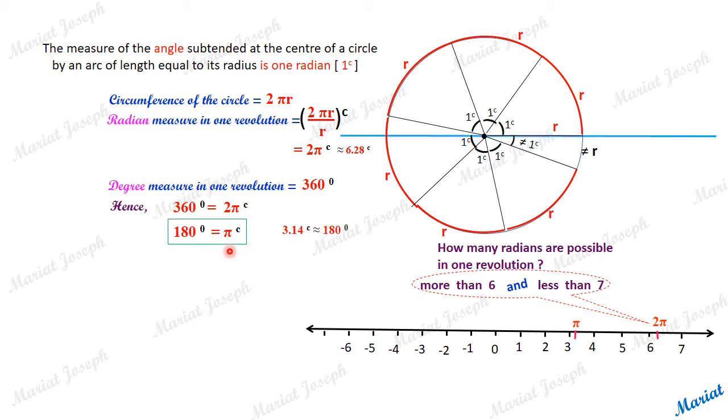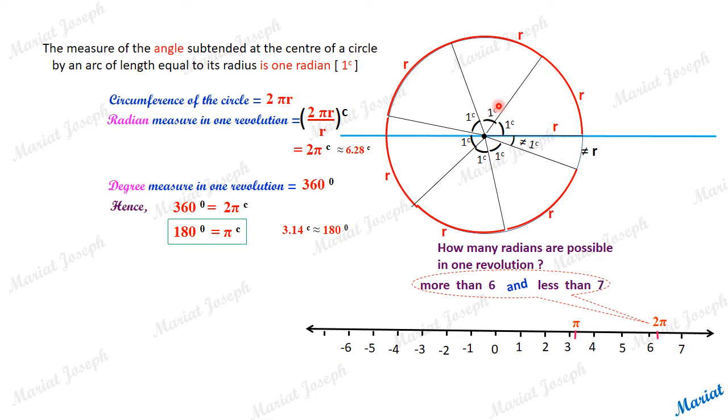Pi radians, when we say, we should know pi is 3.14 only. Never say pi is equal to 180. That is wrong. Pi is 3.14 itself. So 3.14 radians are equivalent to 180 degrees. What do we mean? Go here. From here to here is 180 degrees, that everyone knows.